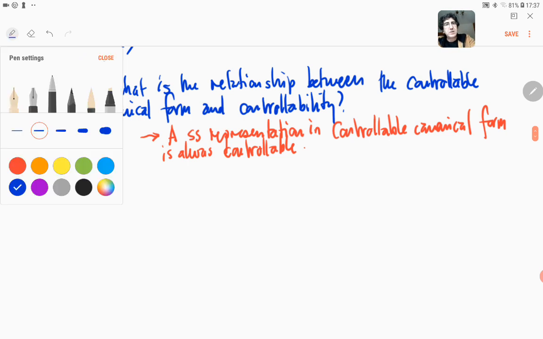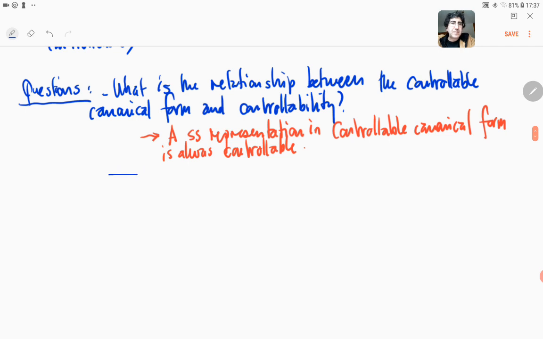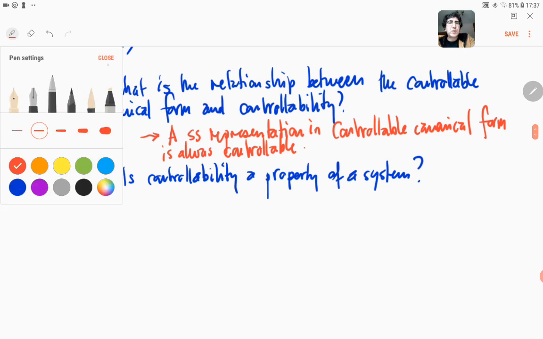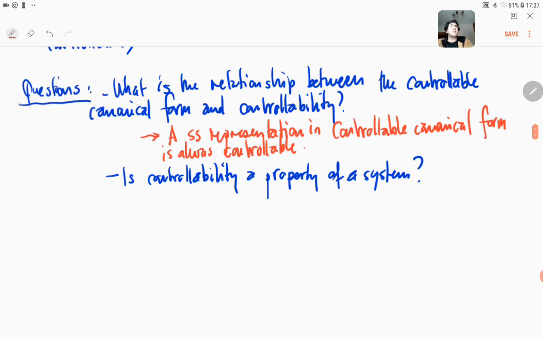Another question that I partially answered is, is controllability a property of a system? And the answer to that is no, because this property is not associated with a system, but it's associated with a particular state space representation.